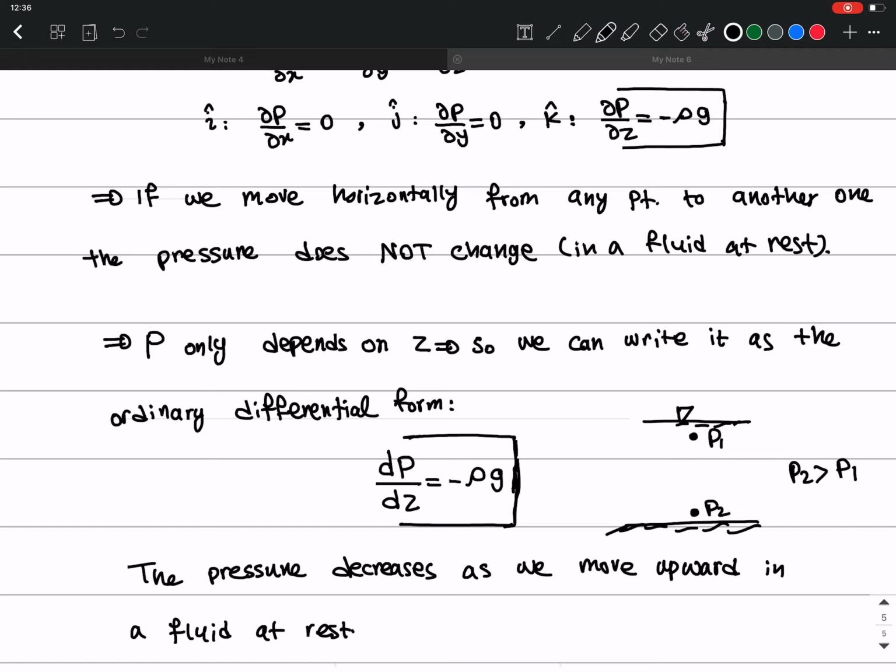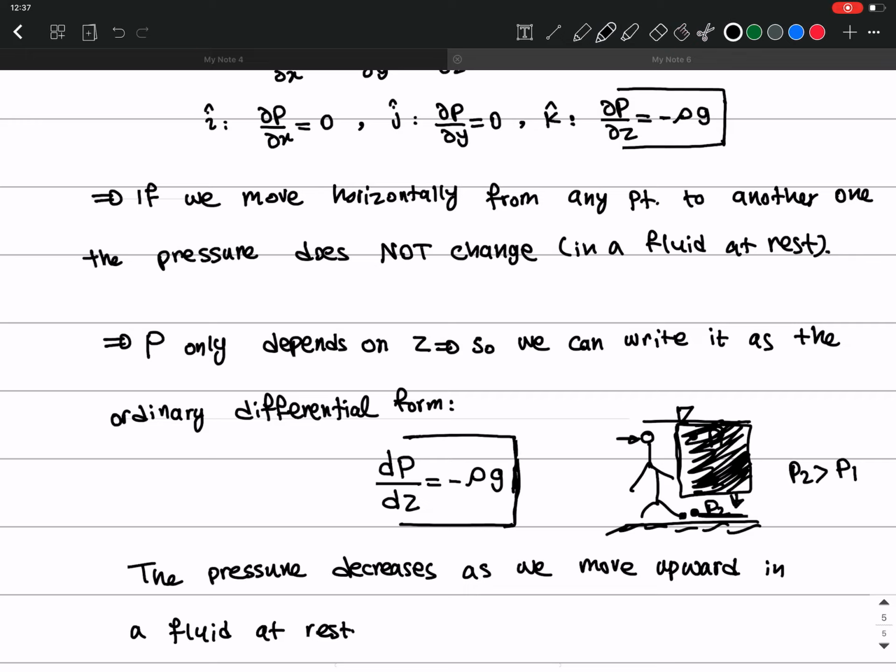And the reason is also just intuitively, you can think about it. For example, when you are in a pool, if you are standing like this, your foot is going to experience a higher pressure than your head. And the reason is simple, because there is more water on top of that. So here you have this much water on top, and this is going to add some pressure to the bottom surface.